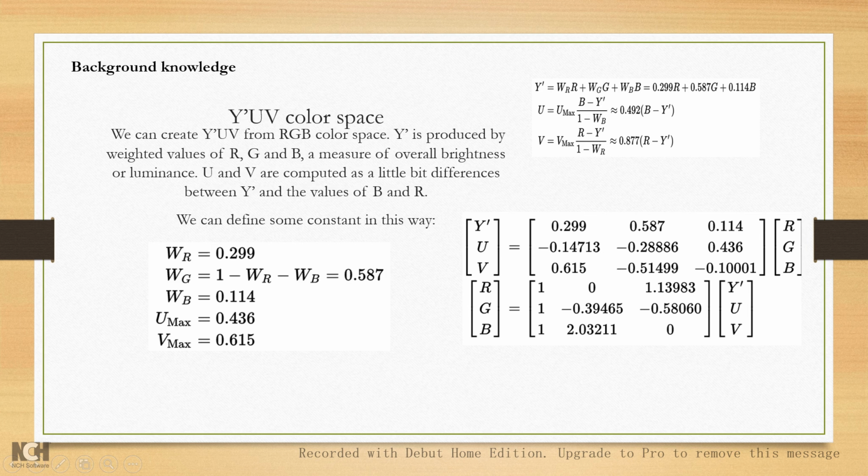In order to get YUV color space from RGB color space, we'll define some constants in this way: WR, WG, WB, Umax, and Vmax. We'll first extract the RGB components from the original image and then use these values to create the matrix here, then get what we want.